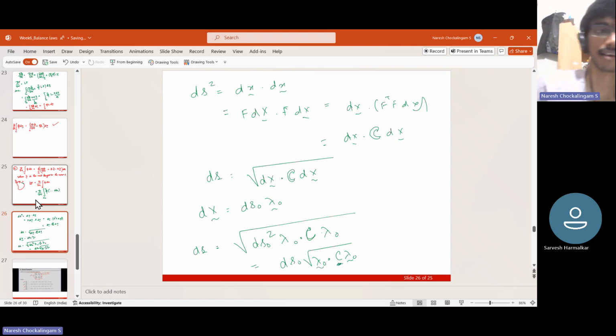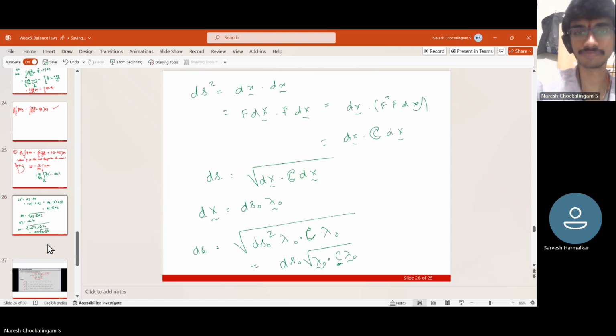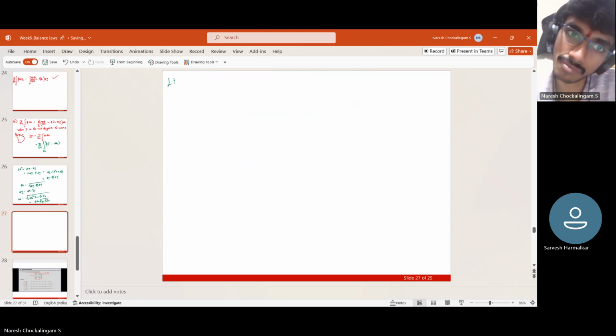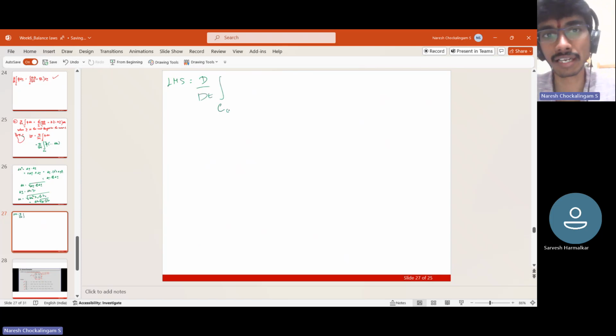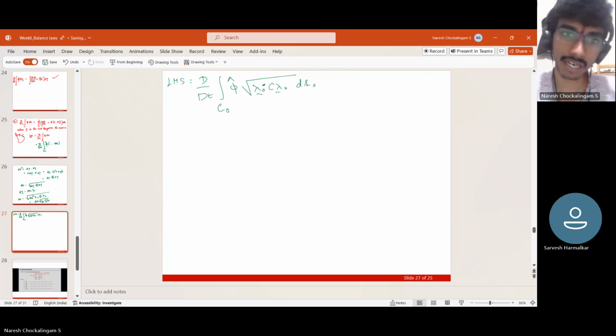Okay. Now the left hand side is nothing but d by dt of the integral over the initial curve of phi cap times the square root of lambda naught dot C lambda naught ds naught. Now everything is independent of time, so you can take the derivative inside.